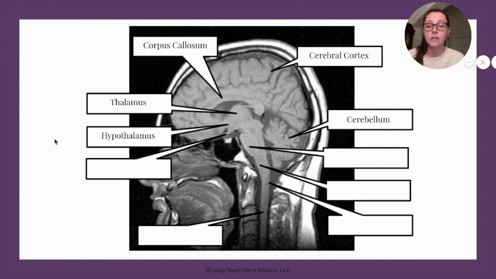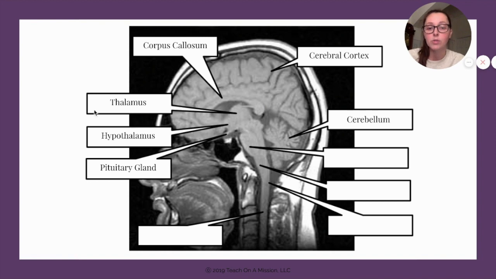Then we have our hypothalamus. So that just means we're sitting under, hypo means under, the thalamus. And this is going to be in control of our drives, and it's going to be a big part of the endocrine system, which you learned about in the last video. But any of your drives like hunger, thirst, body temperature, your sex drive, all of that is going to be controlled and regulated by the hypothalamus.